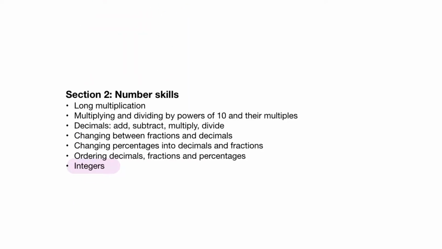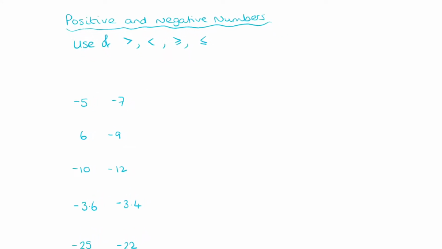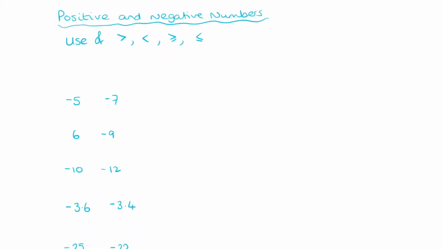So what we've been doing in our number skills section is basically almost all of it. So we've looked at long multiplication, and then we've spent a while looking at the connections between decimals, fractions and percentages. So now we're going on to looking at positive and negative numbers, which we've called integers, but they're only integers if they're positive and negative whole numbers and 0, right?